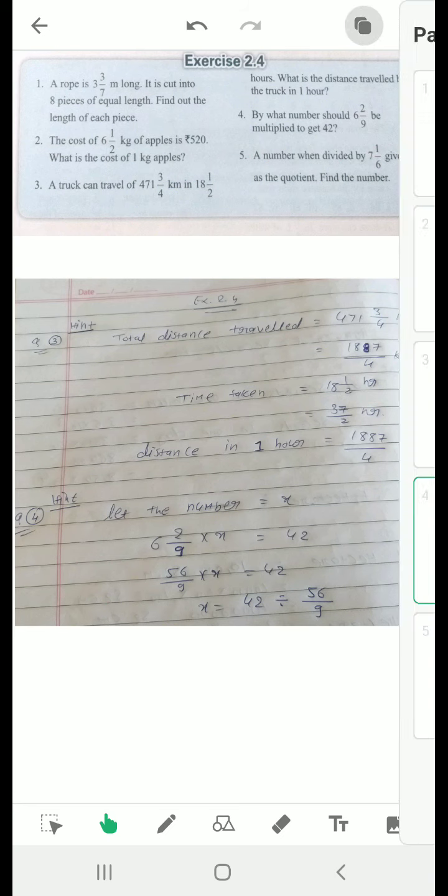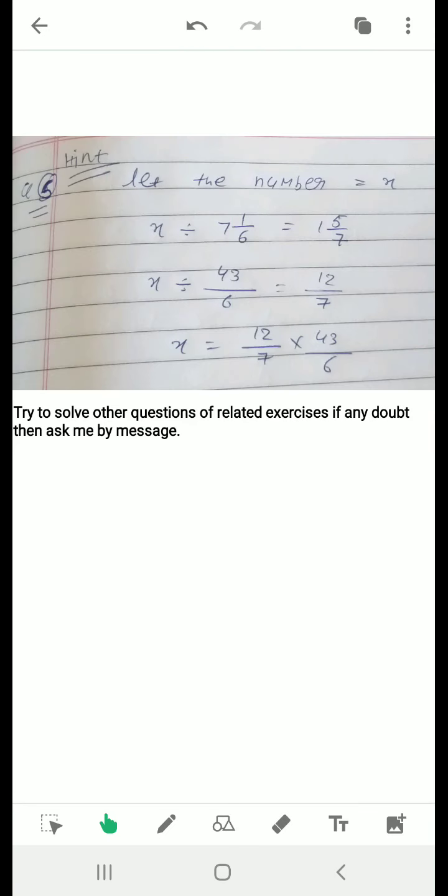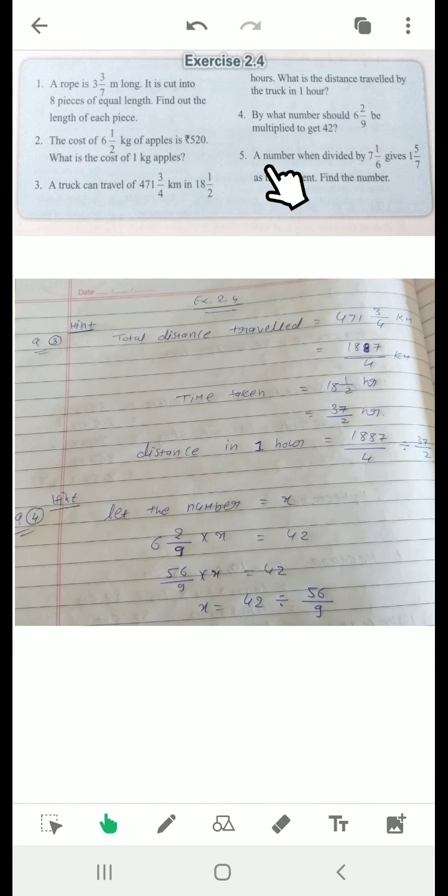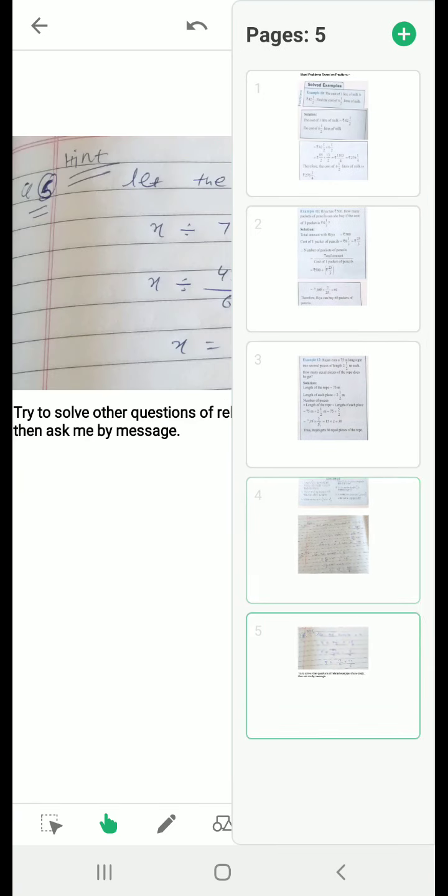by 56/9. And the last question is also similar to the fourth. A number when divided by, read the question properly, a number when divided by 7 1/6. I don't know what the number is. Let the number be x. Then x divided by 7 1/6 gives 15/7. You can see the solution.